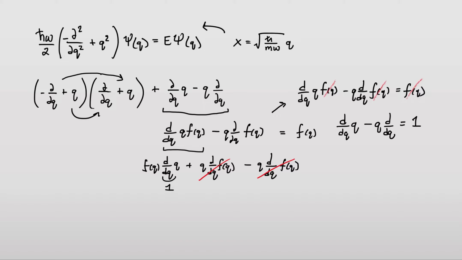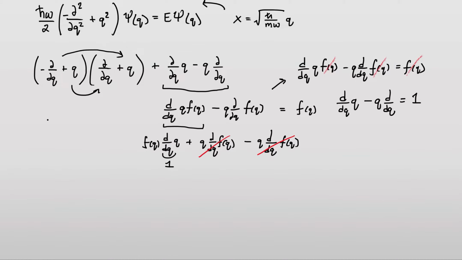This right here is this, and this right here is this. So what we end up getting is that h omega over 2. Actually, I'll forget about the constants for a second.